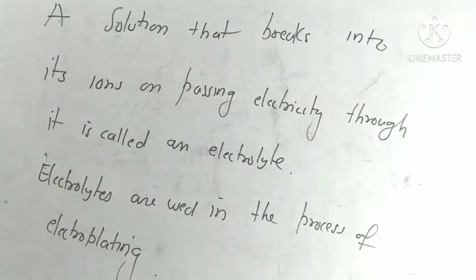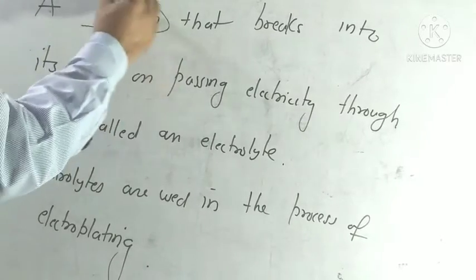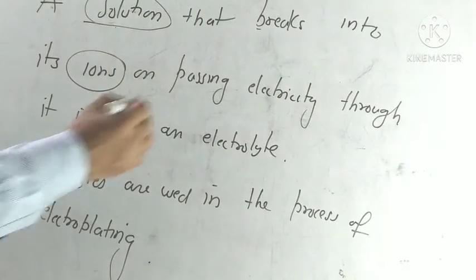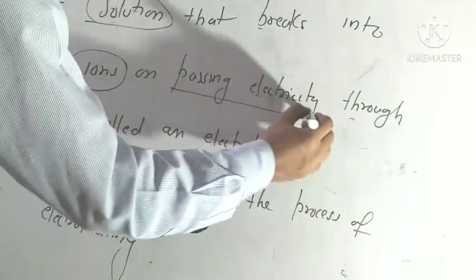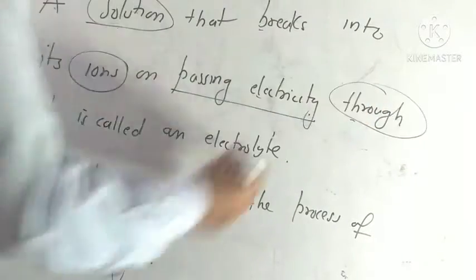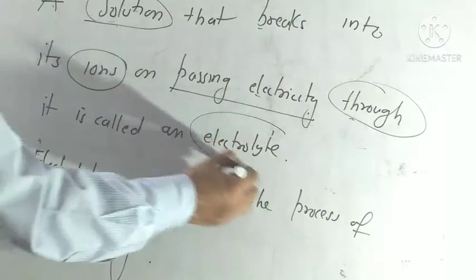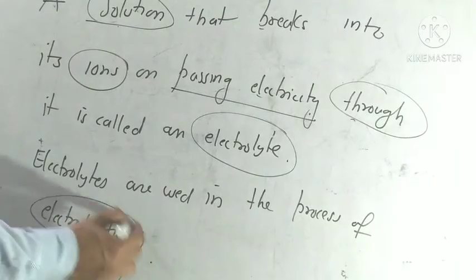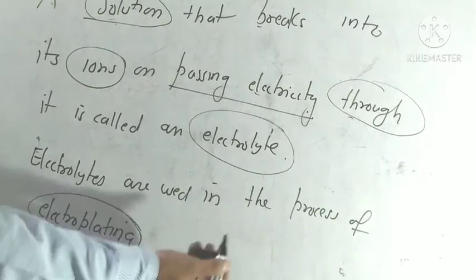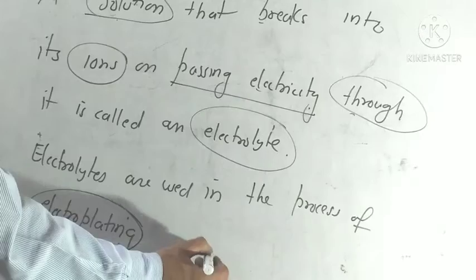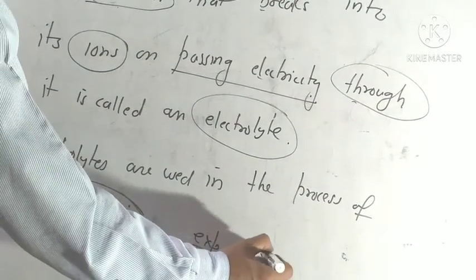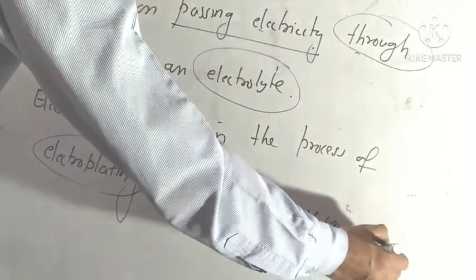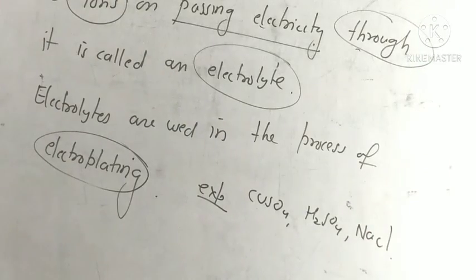There are many examples of such solutions: CuSO4, H2SO4, NaCl. These are some examples of electrolytes.